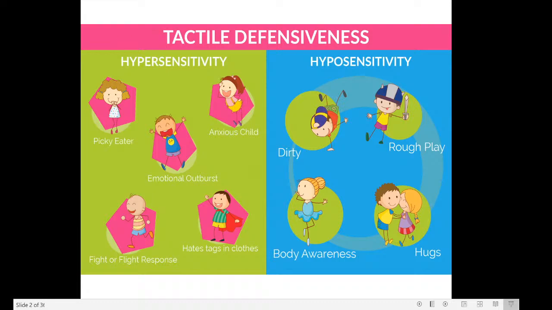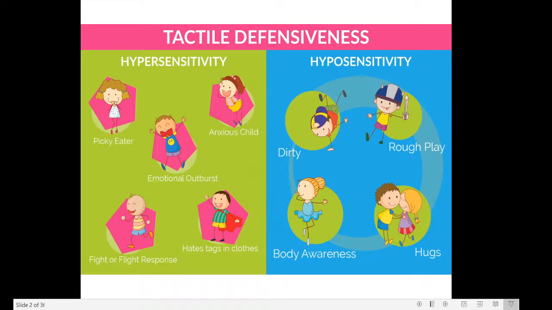If a person has hypersensitivity, that person has emotional outbursts and is an anxious child, very anxious, and hates tags in the clothes, with a fight and flight response.